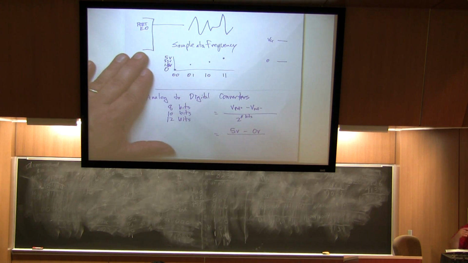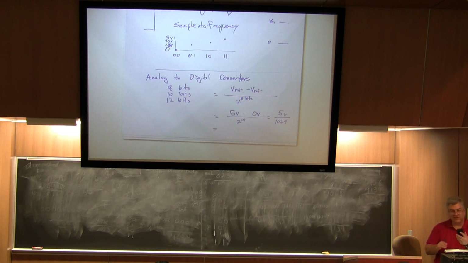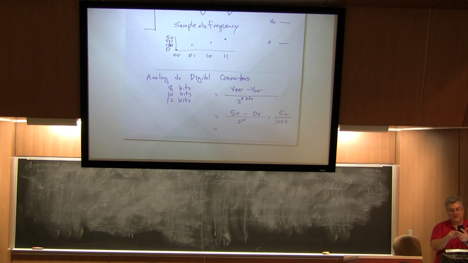And let's say we're using 10 bits, 2 to the 10. This is going to be equal to 5 volts over 0.024, and this is all equal to, somebody with your calculator, tell me what that is.